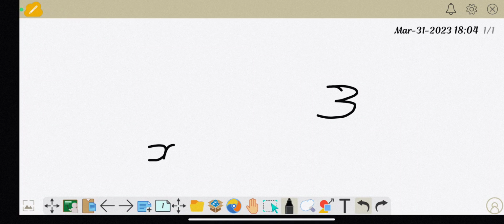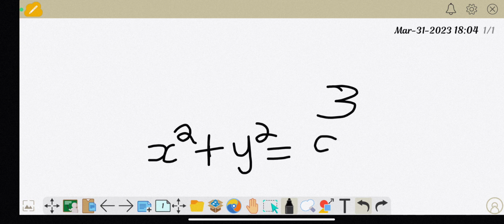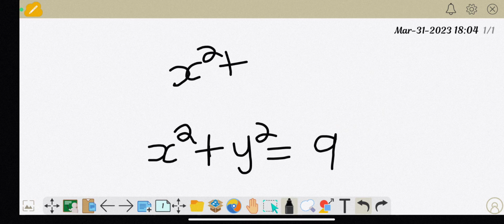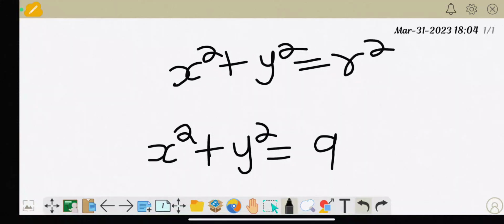It is x square plus y square equals 9, correct? Generally the equation of a circle is x square plus y square equals r square if my center is at the origin, correct? Otherwise the center is h comma k.